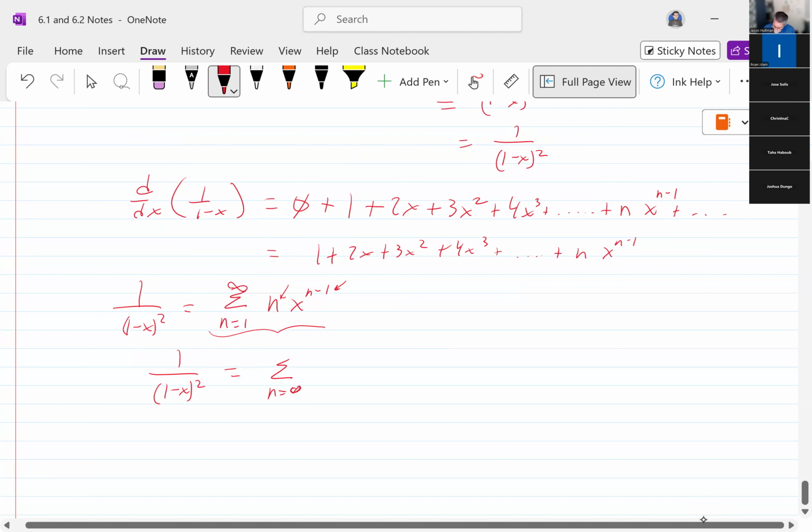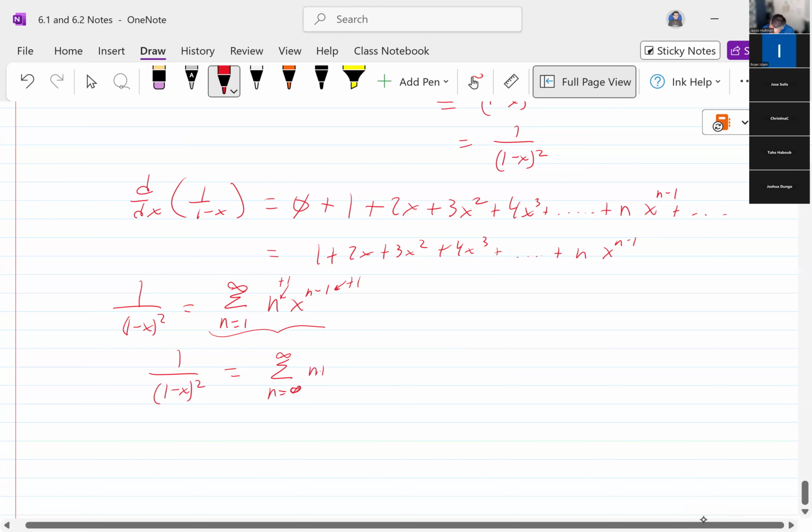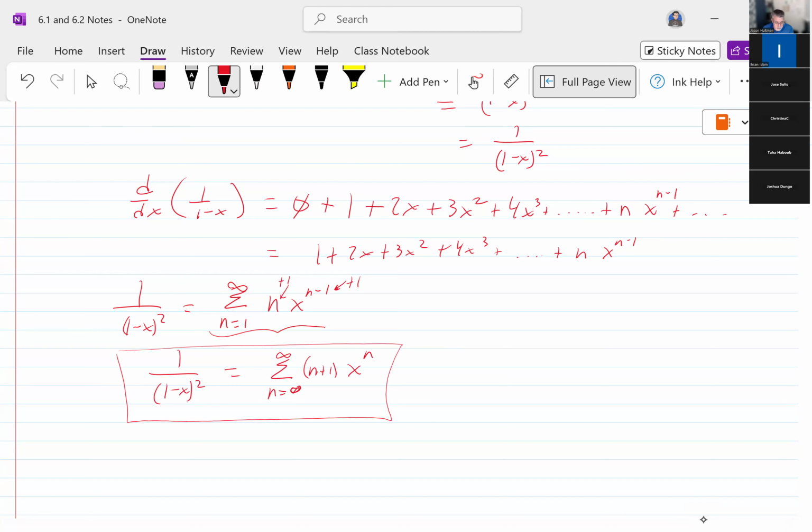We generally like to start power series with 0, but if I add 1 there and I add 1 here, just to make sure that my index gets increased by 1, even though I'm starting at 0, I would want to do n plus 1 times x to the nth power. And you might see in some books that it looks like that, where we're actually starting our power series at 0.